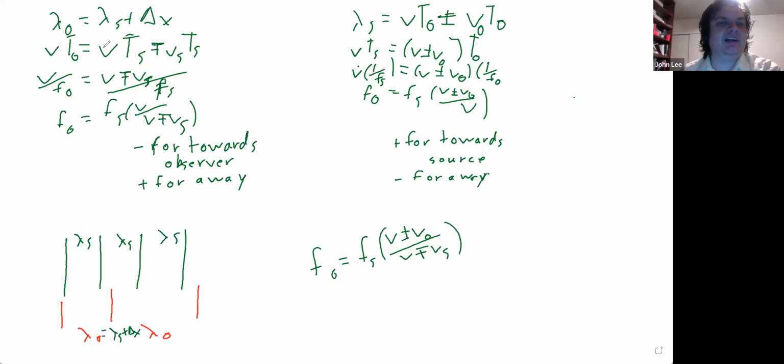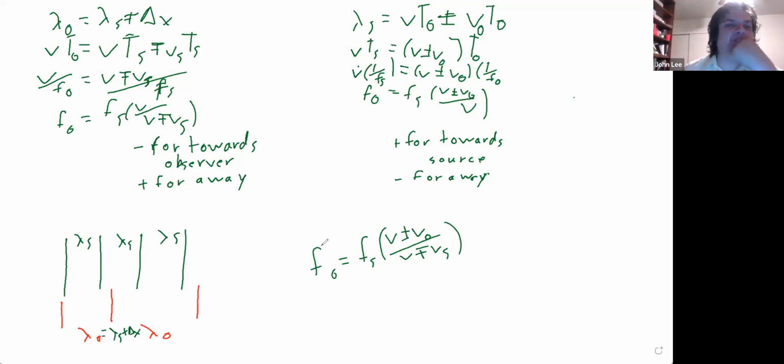So v t naught equals v ts minus or plus vs ts, because as you move away, it's positive because the source is adding more distance that has to be traveled by the wavelength.